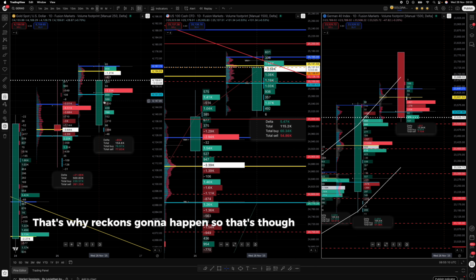NAS, we're in a sell to come down. Probably just to the VWAP. But we'll assess it when it gets down there. We've set the target to 25,000.